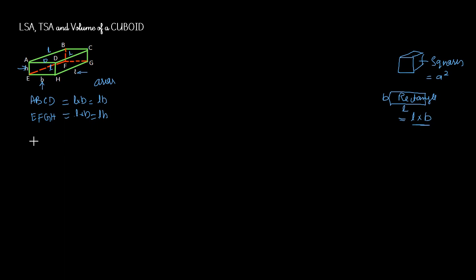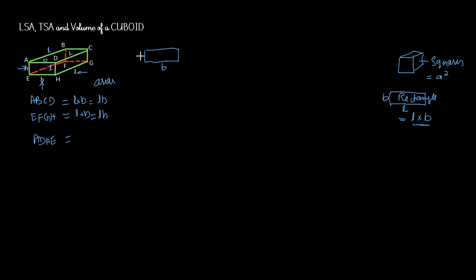So now let's try to write front and back. A, D, H, E. The length here is this, which is B, and this is my breadth, which is H. I'll just draw it for the sake of understanding.